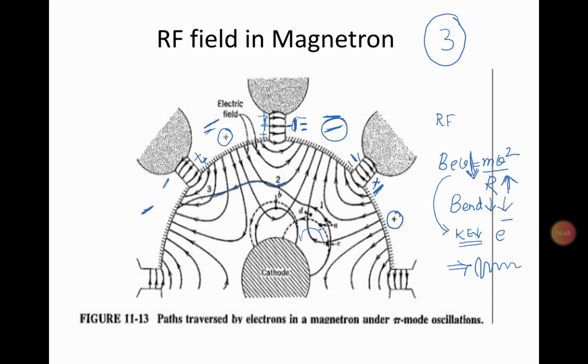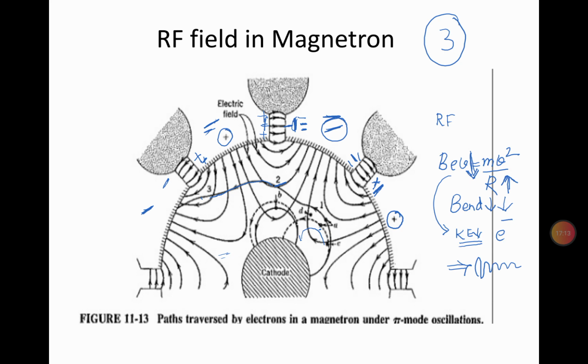I hope you understand. The purpose here is that the electron is made to stay in the interaction space for a longer time, so that it is retarded every time it moves ahead, and energy is taken away by that. The energy given to the electron comes from the electric field, the applied voltage.